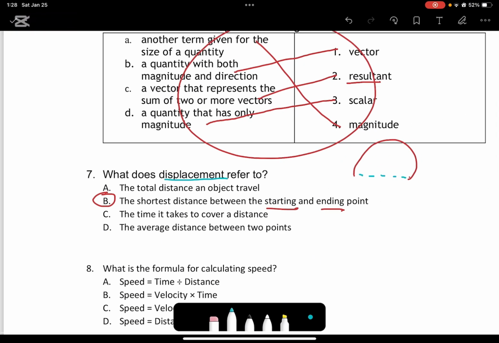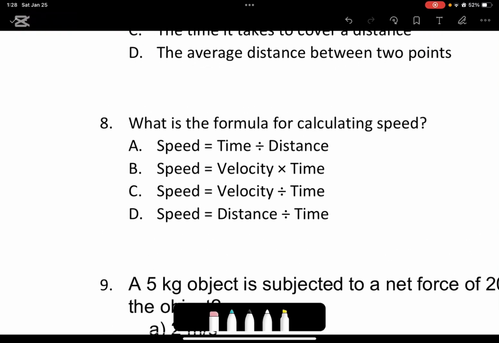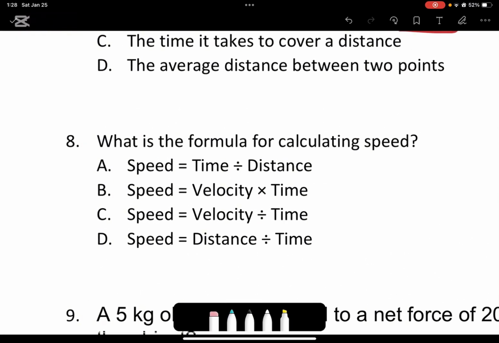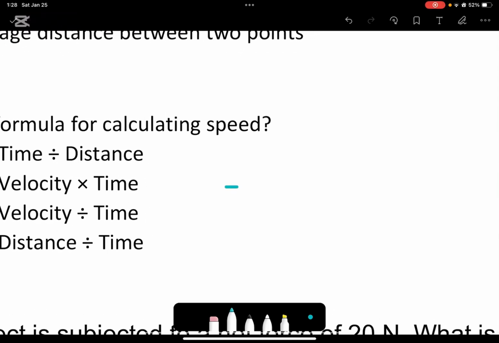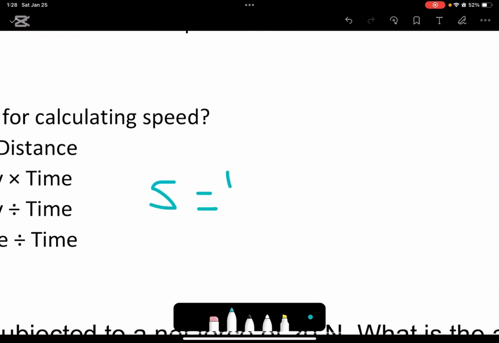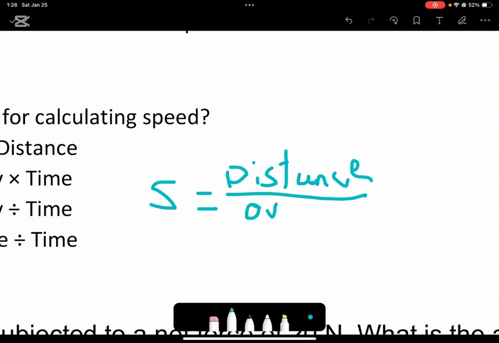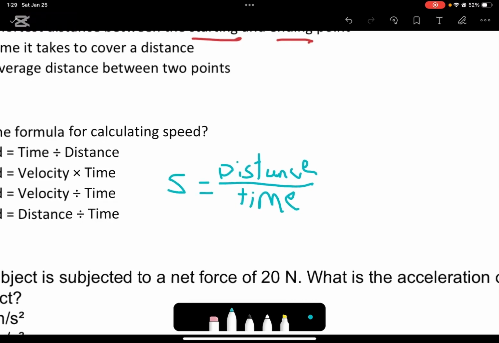All right. What is the formula for calculating speed? I think this is speed. It's distance over time.